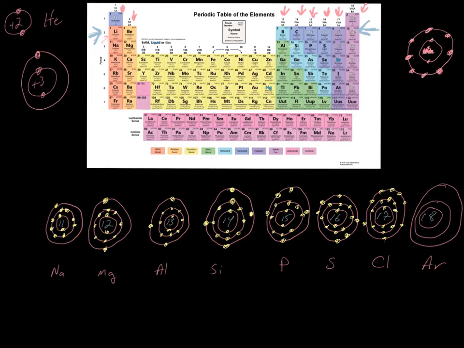I'm not sure where I messed up there. So let's count these. I messed up somewhere. So 1, 2, then 3 through 10. That's all right. Then 1, 2, 3, 4, 5, 6, 7. There should be 17. This is an extra one.